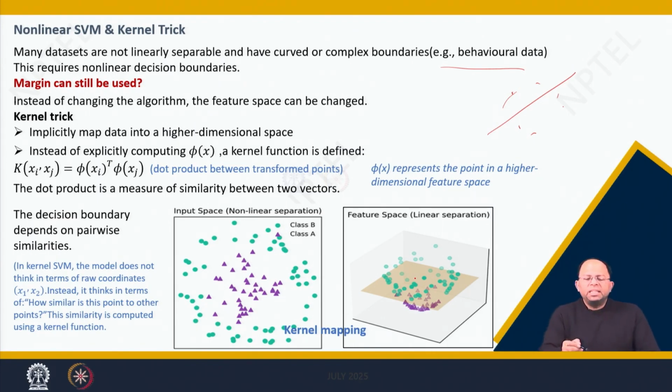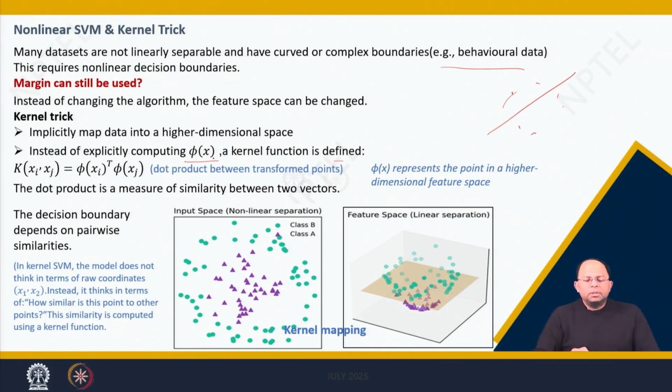So instead of changing the algorithm, we change the feature space, and to do that we have to use the kernel trick. What it means is we map the data into a higher dimensional space, which means we have to compute the value of phi x. For that we need to define a kernel function. That means how a particular point is going to be changed in this higher dimensional space. But calculating this is very difficult, right?